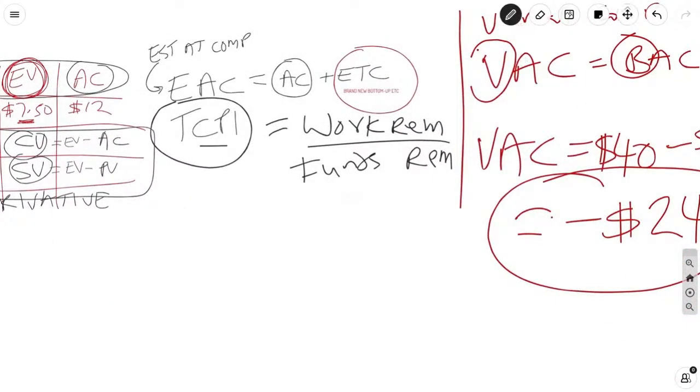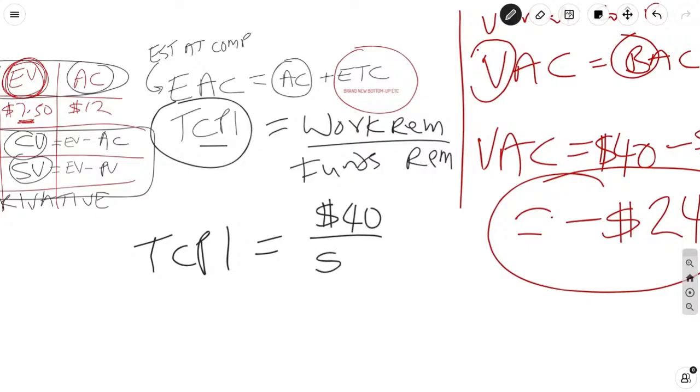So if you think about it, if the work remaining is, in this example, let's say we have a lot of work remaining. I think we said about 40. Let's just say we have $40 of work remaining, and the funds remaining, let's say we have $28.